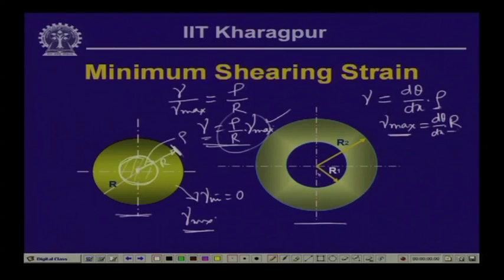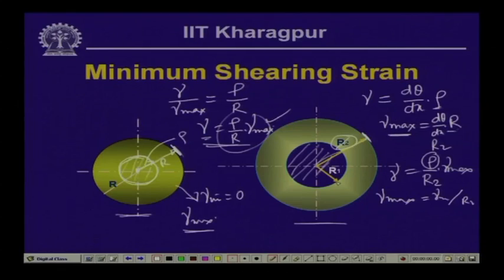Now, in case of tubular shaft, gamma in terms of rho at any radius divided by the outer radius, here r 2, is gamma equal to rho by r 2 times gamma max. When rho becomes r 2, the value of the strain is gamma max, which is on the outer periphery. Since we do not have any material at the core, the material starts at a distance of r 1 from the center.